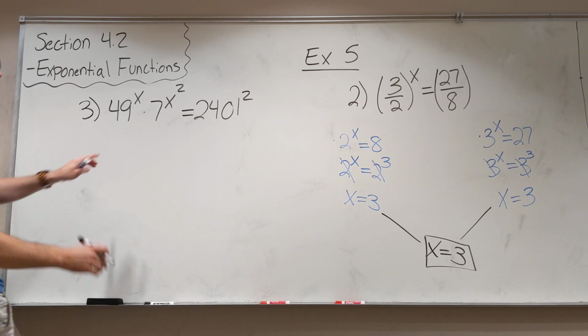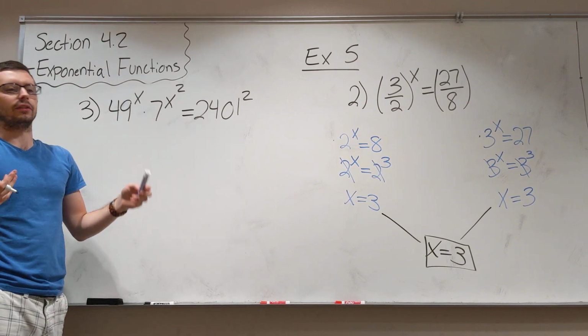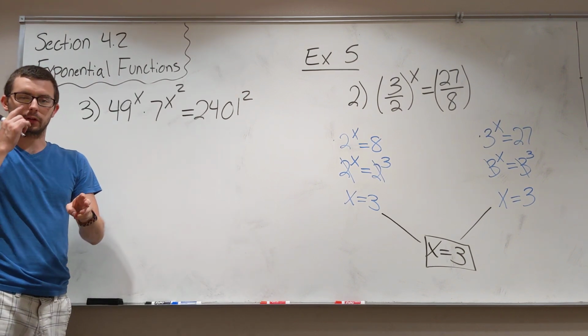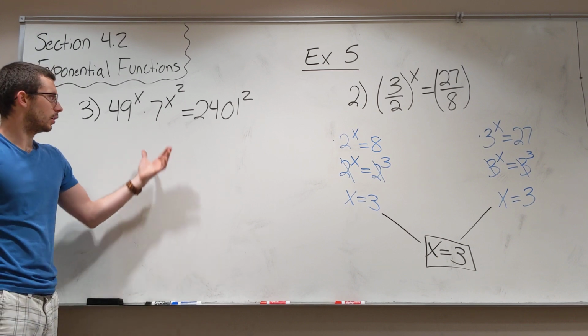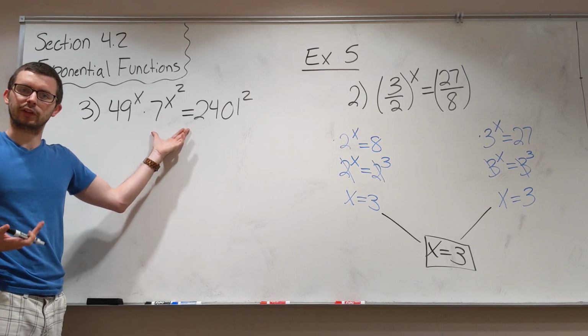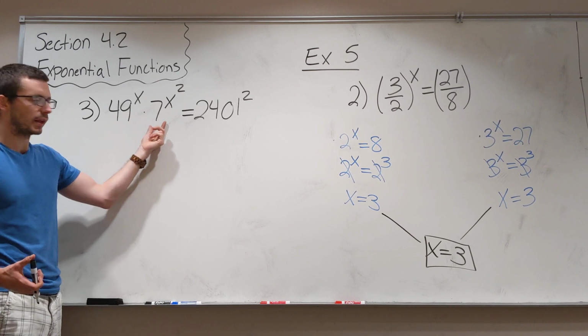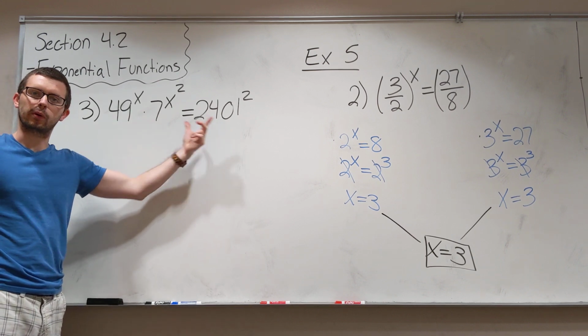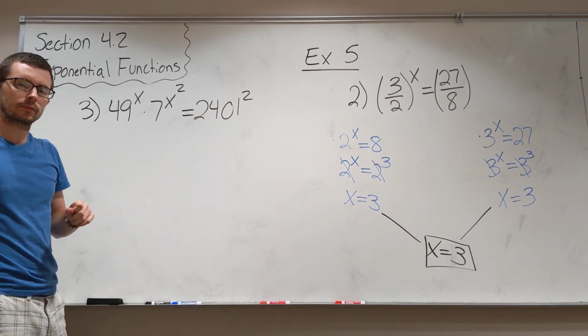So now we have a problem like this. And you might see that there are, technically, if I were to say the base, in this problem, that's an ambiguous thing to say. There's 49 as a base, 7 as a base, and 2401 as a base.